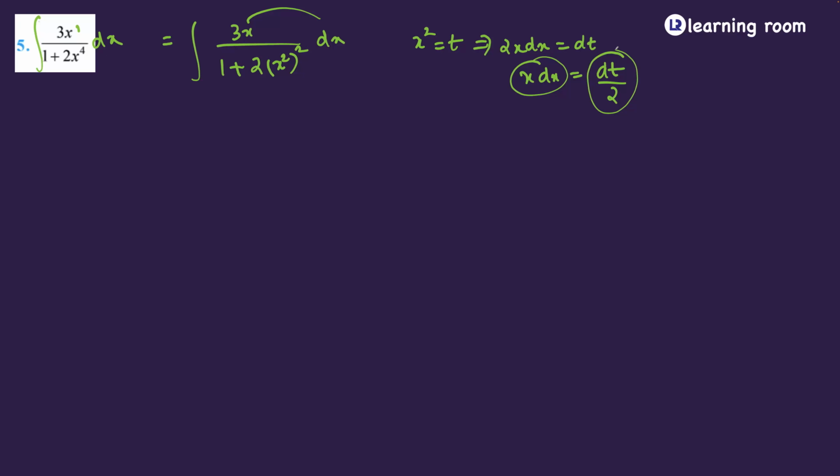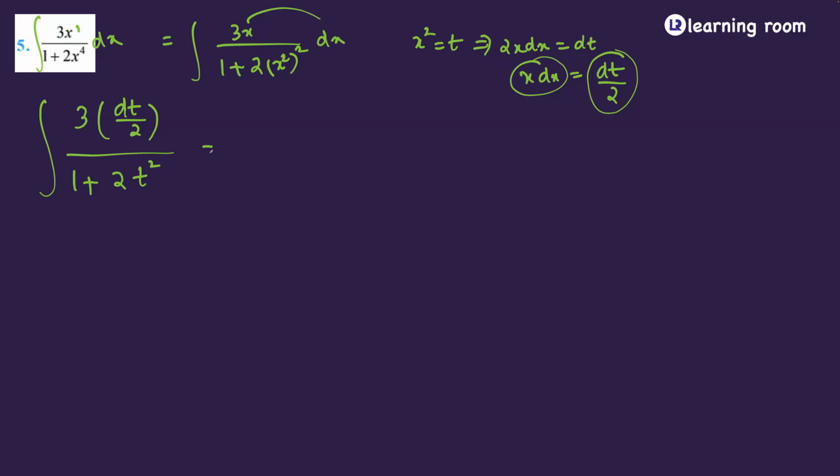Am I right? Now, this will be the integral of 3 into dt by 2, the whole divided by 1 plus 2 times t square. Can I write it like that? Because x square is t, so x square the whole square is t square. Makes sense? Okay.